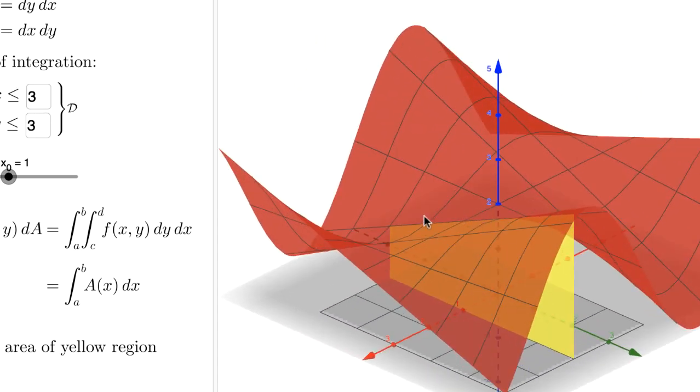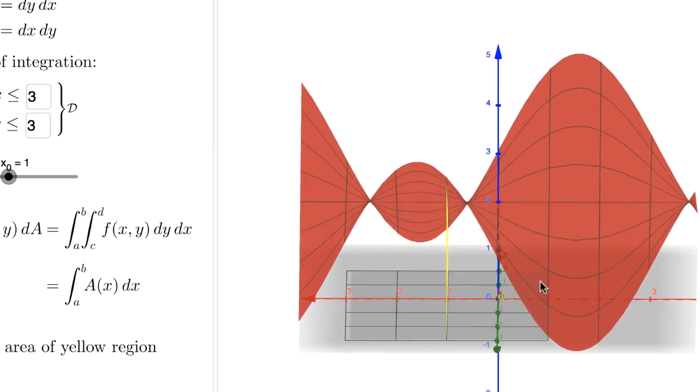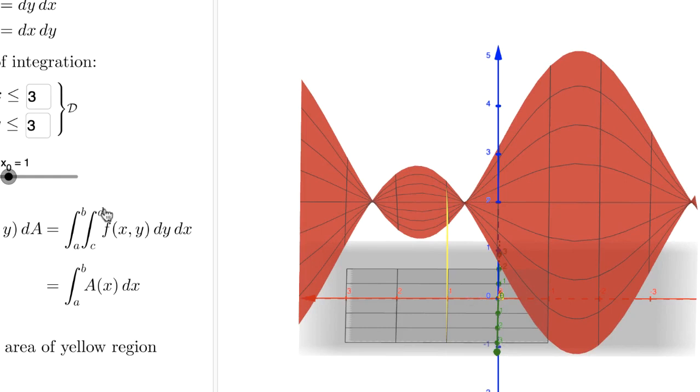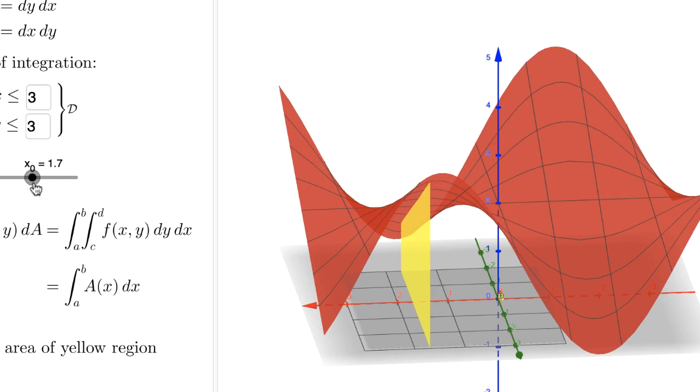So here's the curve of intersection. And so the area becomes the ordinary integral that you know for functions of one variable. And then what we do is vary this wall and add up all these areas, which is what you see here.